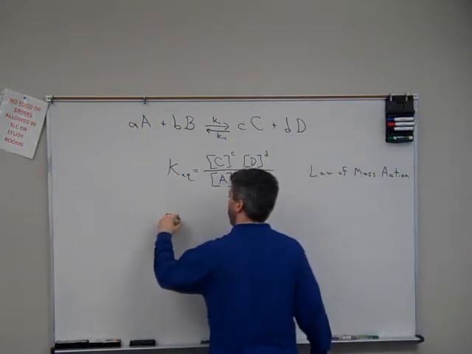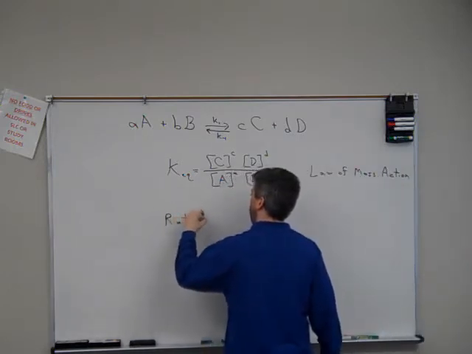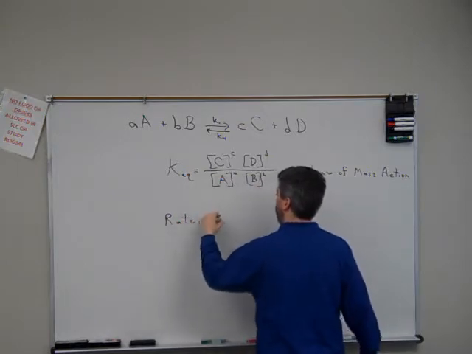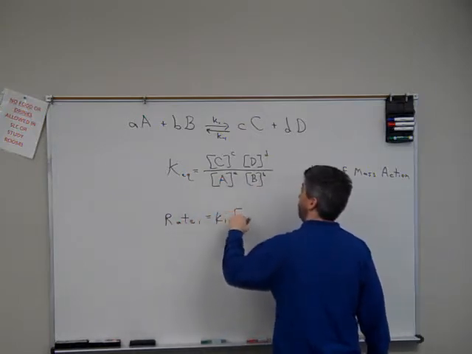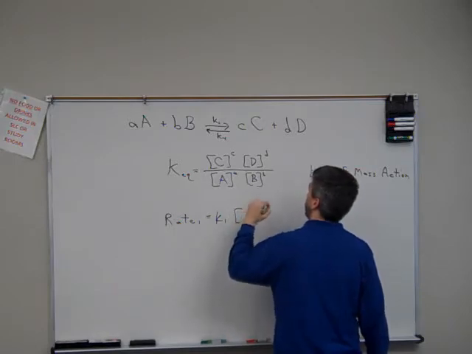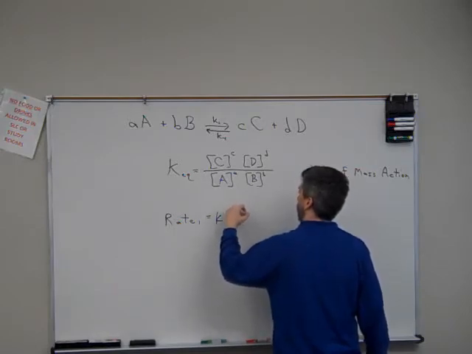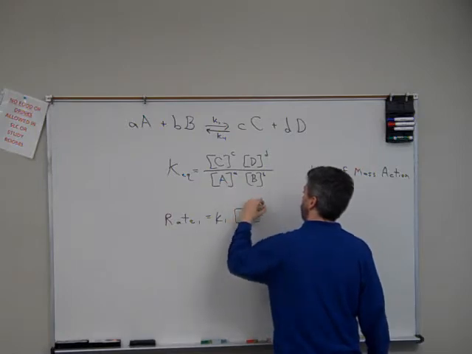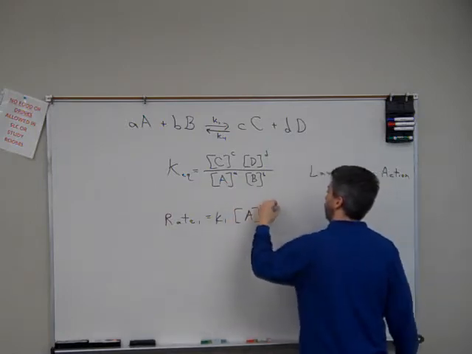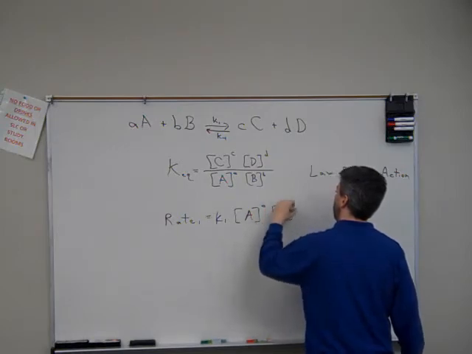So if we do rate forward, or rate 1, is equal to K1 times the concentration of A raised to the little a power times concentration of B raised to the little b power.